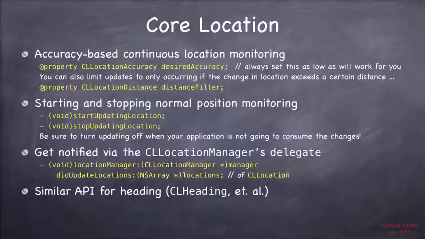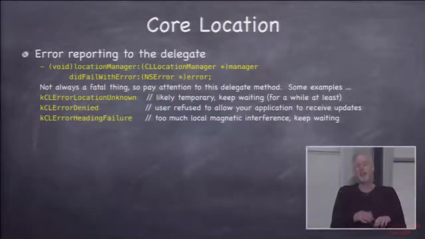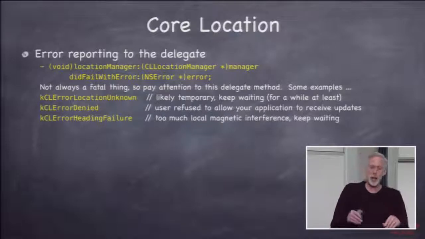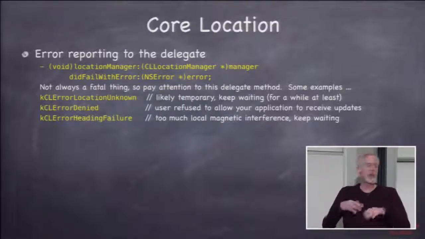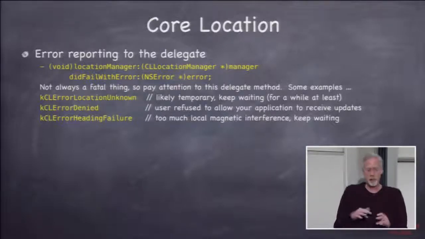So that's it. It's quite simple, actually, to use this location manager. It's also quite simple to drain the user's battery in about an hour, okay? So be careful and know what you're doing here. There's a similar API for tracking the heading. The delegate can report errors, and this is one case. A lot of times you see me in my demos, I just say nil for the NSError, and I ignore errors. And sometimes that's okay, like if I'm doing a Flickr fetch, and if it fails, I just don't care, because I know I'm going to be doing another fetch in 20 minutes, so I'll just let it fail.